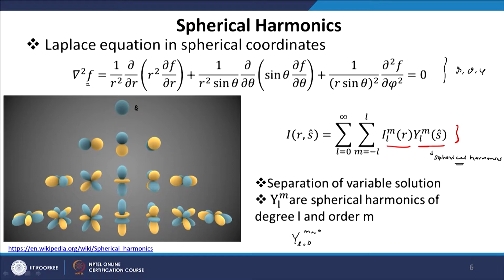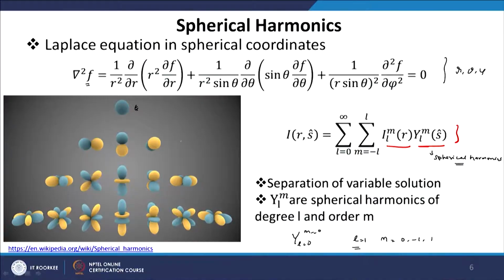Similarly, the second term, L is equal to 1, has 3 values. The values of m will be 0, minus 1 and 1 for L is equal to 1. So, for each value of L there will be 2L plus 1 values of m, and the shape is like p orbital shape. So, there are 3 and the shape is of type p orbital in chemistry.